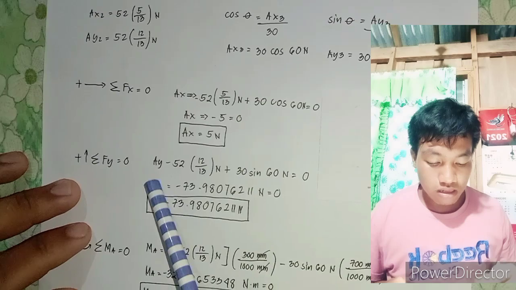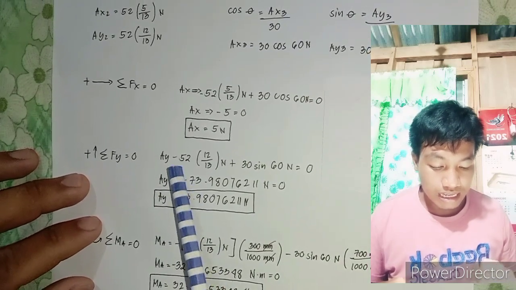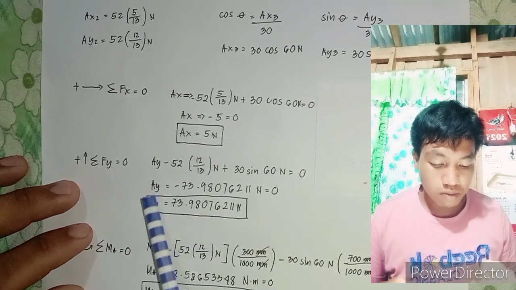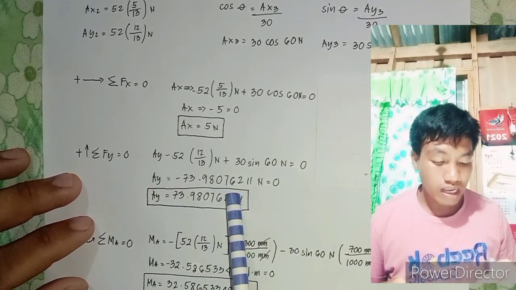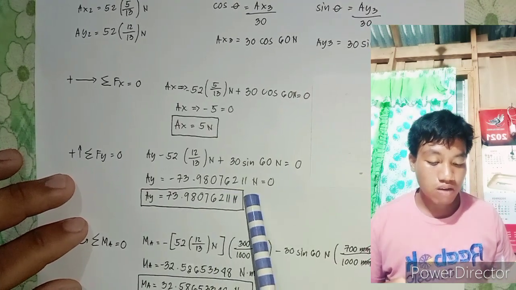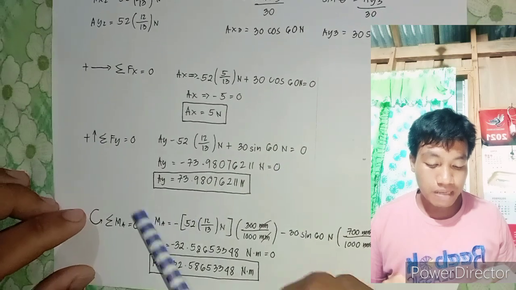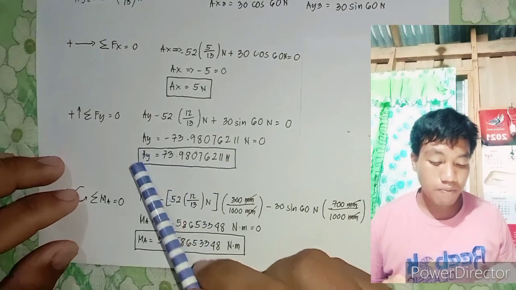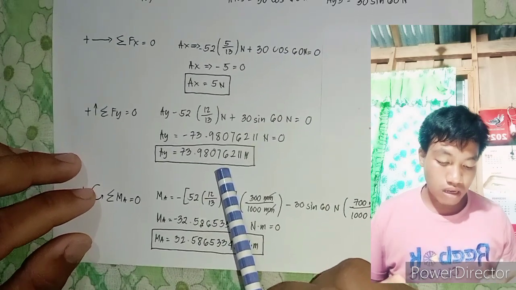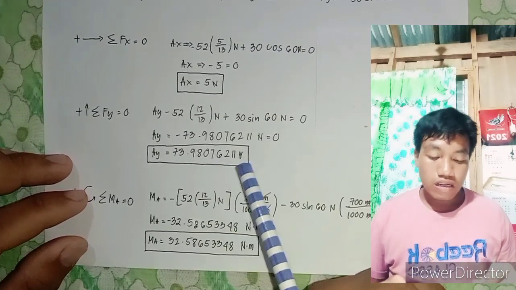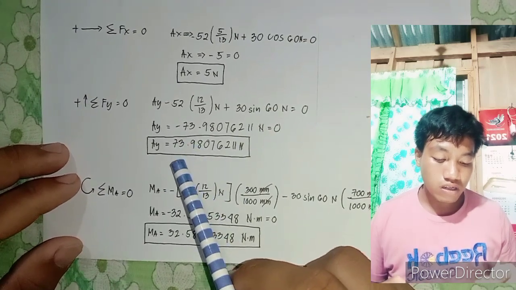AY is equal to negative 73.98076211 Newton is equal to 0. Moving to the other side, it becomes positive. AY is equal to 73.98076211 Newton. Rounded off, the answer is 74 Newton.